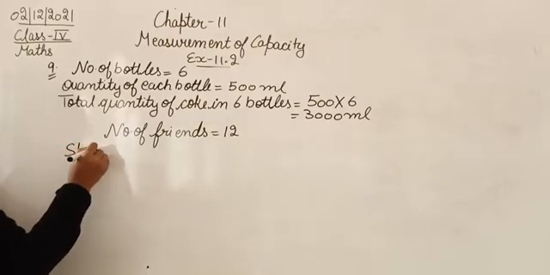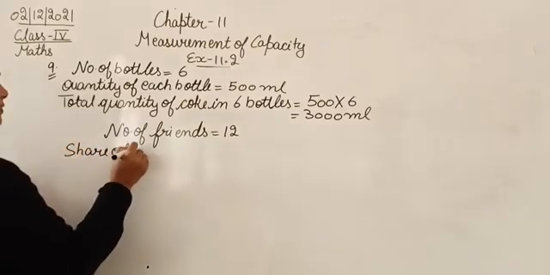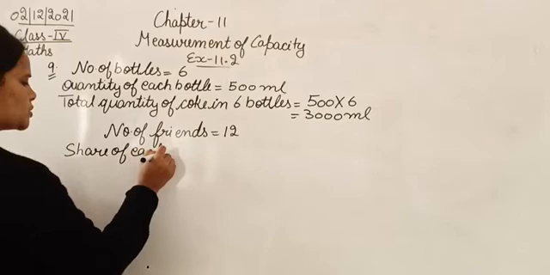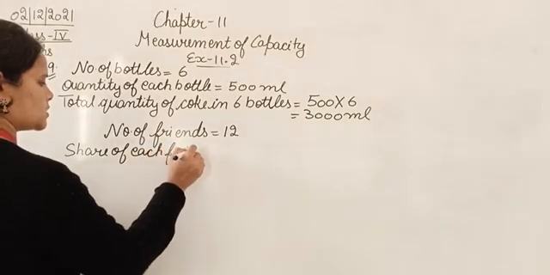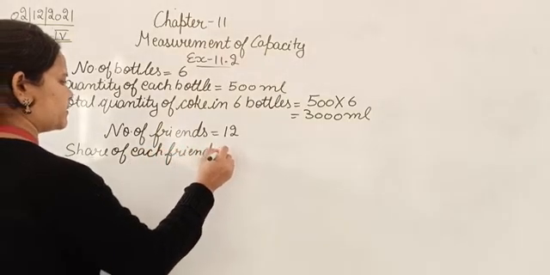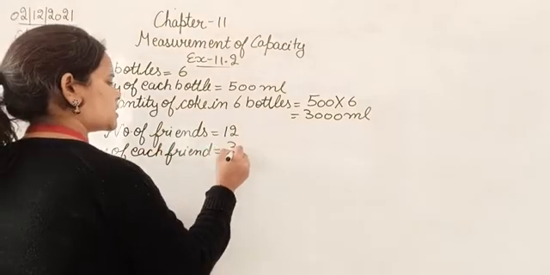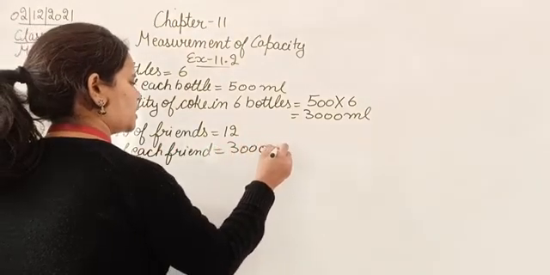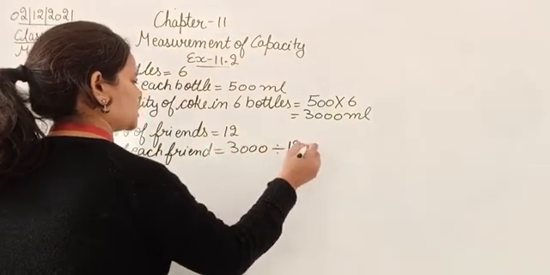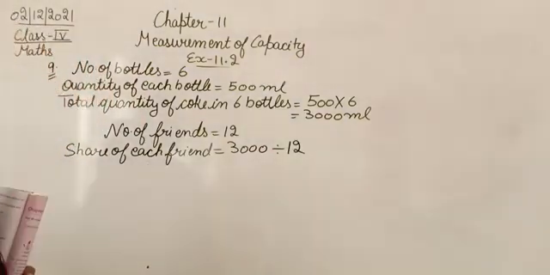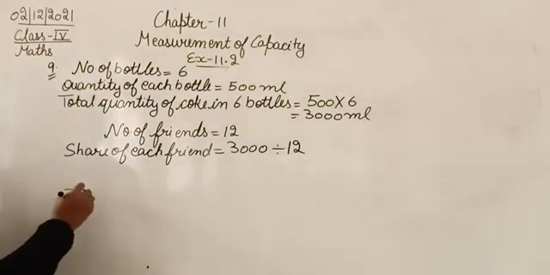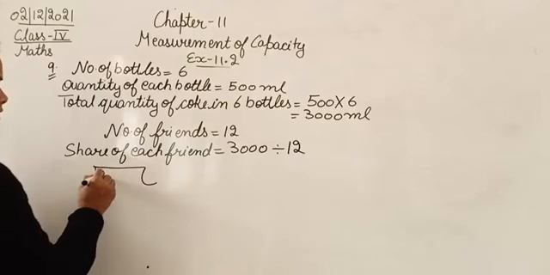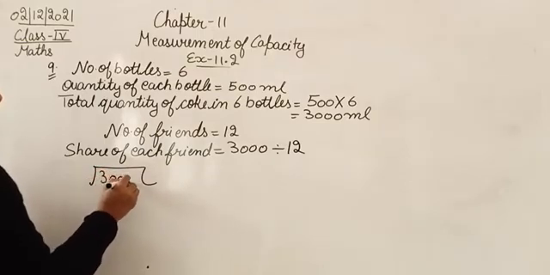Share of each friend. So for that we will divide the total quantity, that is 3000 ml, by 12. Okay, so let's divide 3000 by 12.